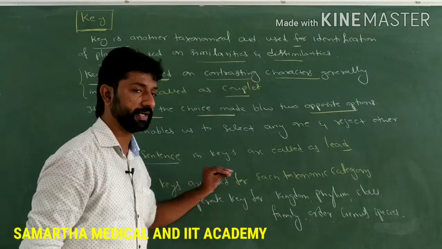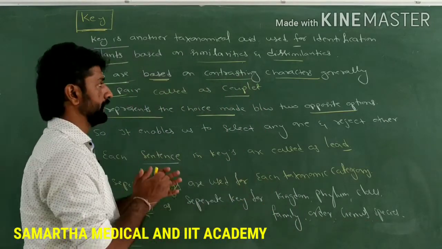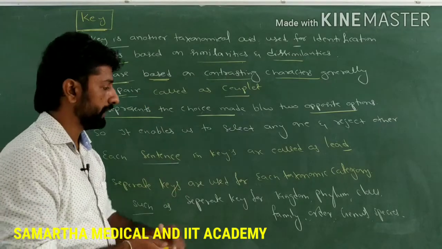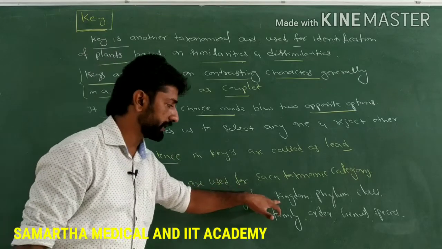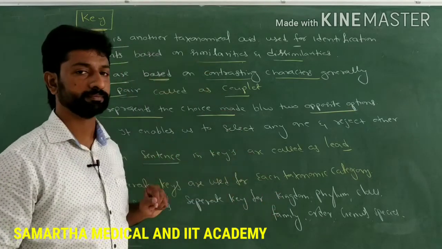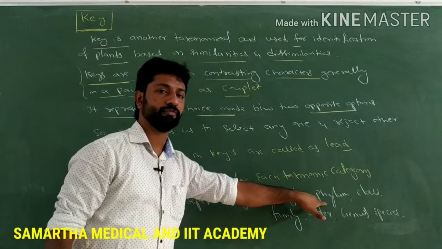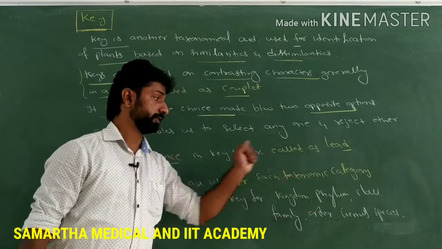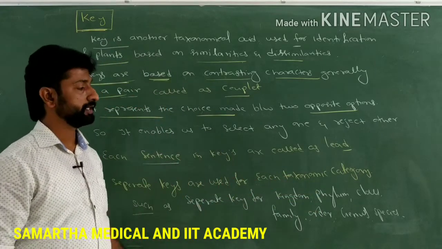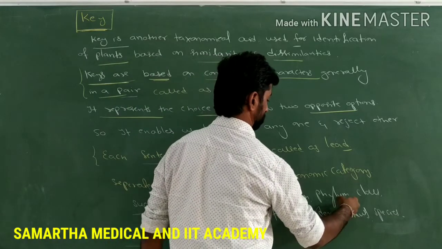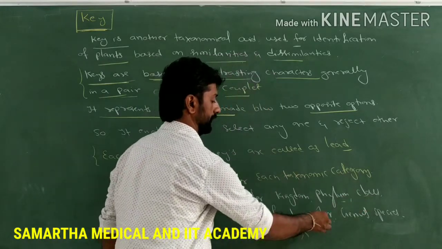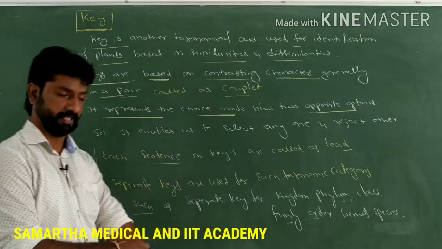So 7 different keys will be used in order to identify a particular plant according to the taxonomical categories. Separate key for identification of kingdom of the plant, separate key for the identification of phylum or division of that plant, like that class, order, family, genus, and then species.